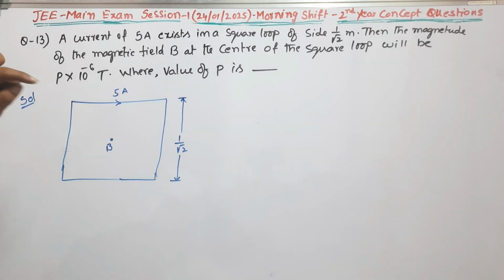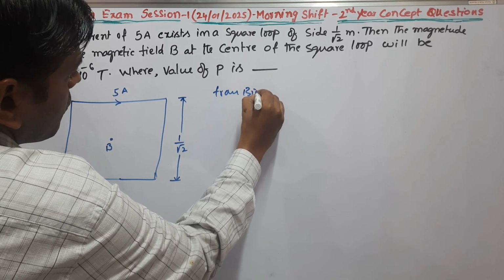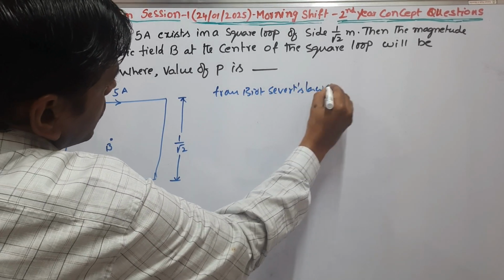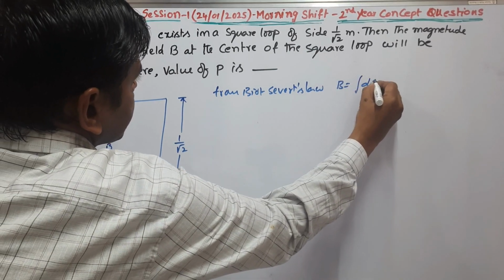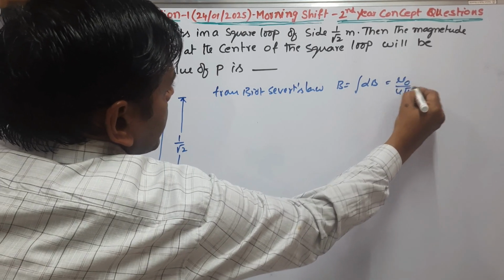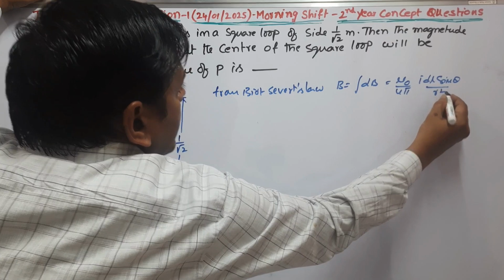Okay, you know one thing from Biot-Savart's law. Magnetic field due to a straight current carrying conductor is equal to mu naught by 4 pi I dl sin theta by r square.